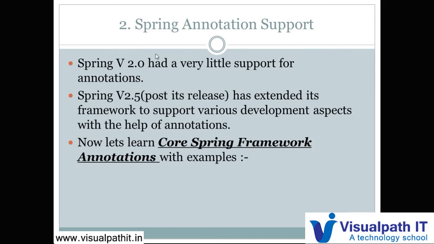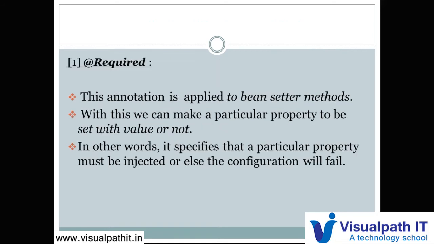Next is how Spring provides the annotation support. Spring version 2 had very little support for annotation, as we already discussed. Post 2.5 version release, annotations were supported to provide various development aspect configurations. So let's see the first annotation, that is @Required.